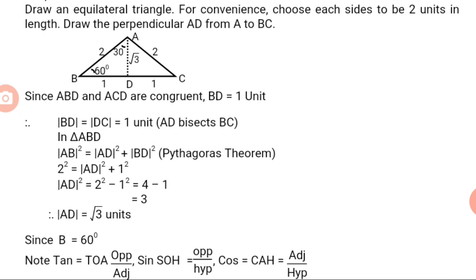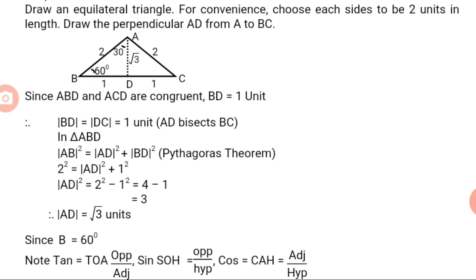If that one is known, therefore, since angle B is 60 degrees, note that tan, that is TOA, from SOHCAHTOA: TOA is opposite over adjacent.